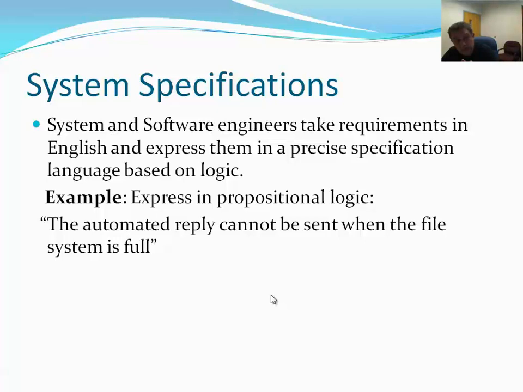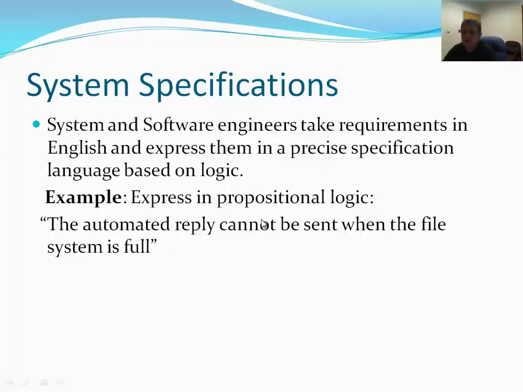We want to make sure none of those logics contradicts the other one. How do we do that? By checking their truth values. Here's the sentence from the book: system and software engineers take requirements in English and express them in a precise specification language based on logic. And then we check their truth values to see if they're inconsistent or not.